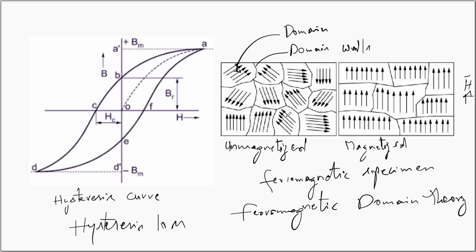It means that the energy supplied to the specimen during the magnetization is not fully recovered upon removing the external magnetic field. The difference of energy is lost as heat in the material, and this is known as the hysteresis loss. Depending on the area under the hysteresis loop, the hysteresis loss also changes.